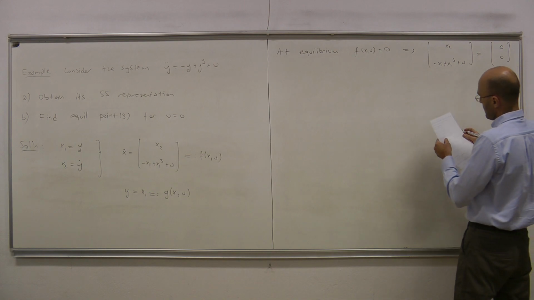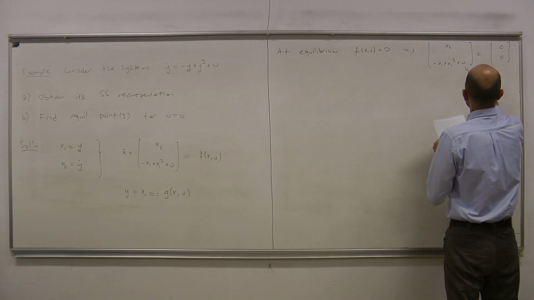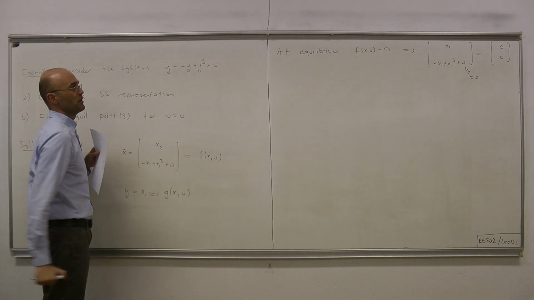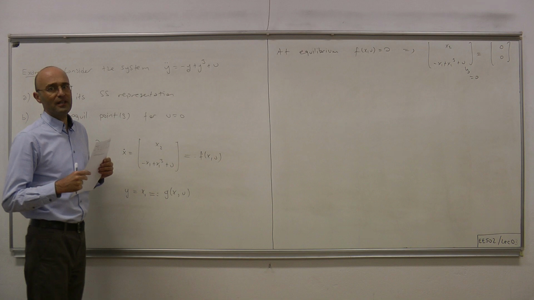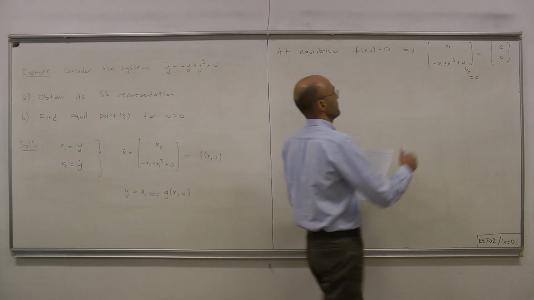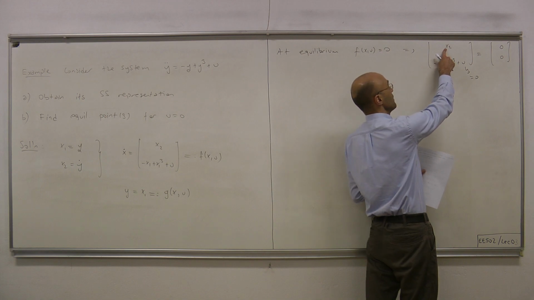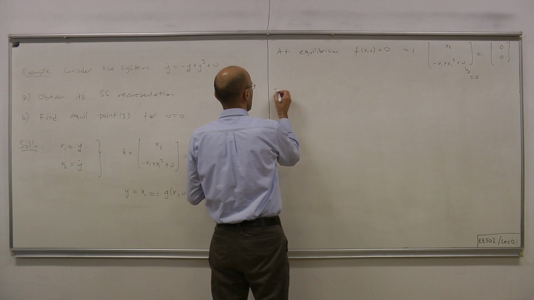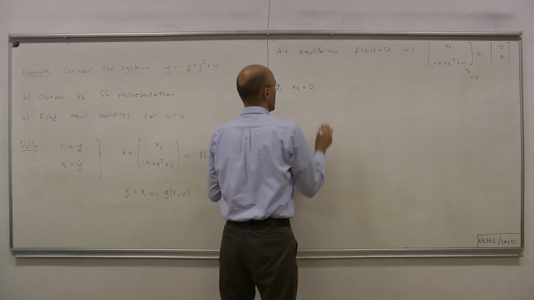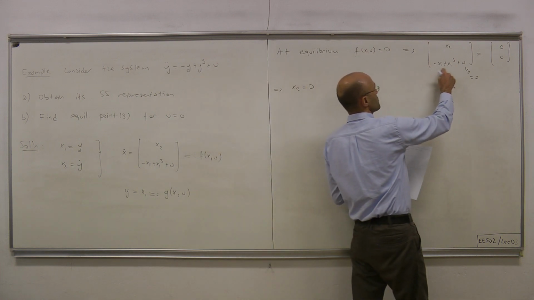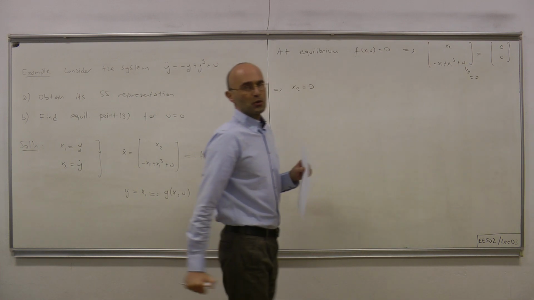So we're told that we should take the input to the system to be 0, and then under that condition, let's figure out the equilibrium states. So there's nothing to solve for x2 at equilibrium, it directly equals 0. Okay. So therefore we have at equilibrium x2 must be 0, and minus x1 plus x1 cube should also be 0.